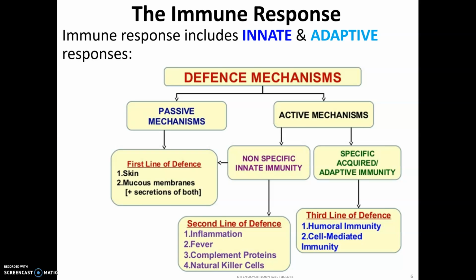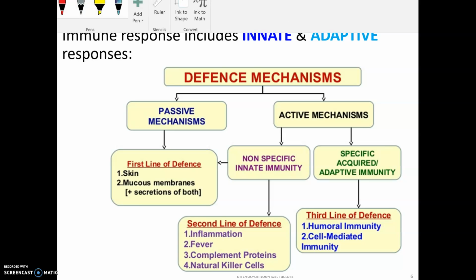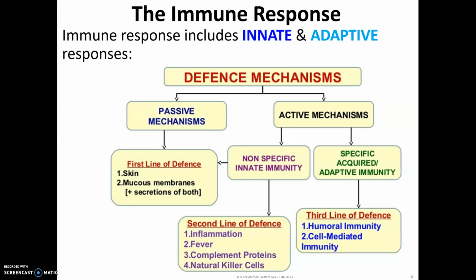Okay, now our immune system is going to be broken down into a couple of different sections. Let me get my pen ready. So in the broad category, we're talking about our defensive mechanisms, how our body prevents us from being sick.